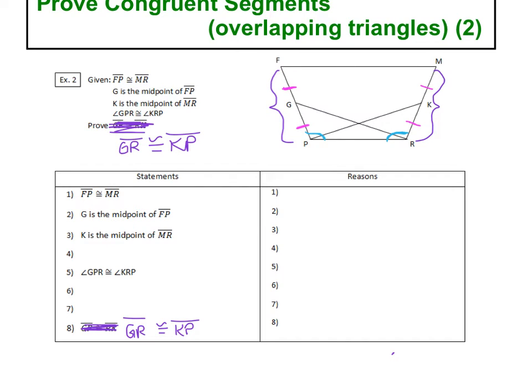So, it actually kind of looks like a trapezoid, but we're talking about a chapter where we're using triangles. So do we see any overlapping triangles? And we do have these two triangles down here that are overlapping.